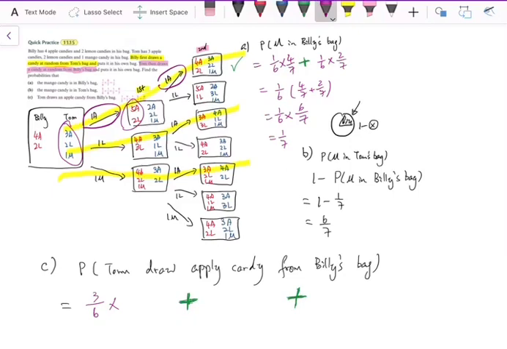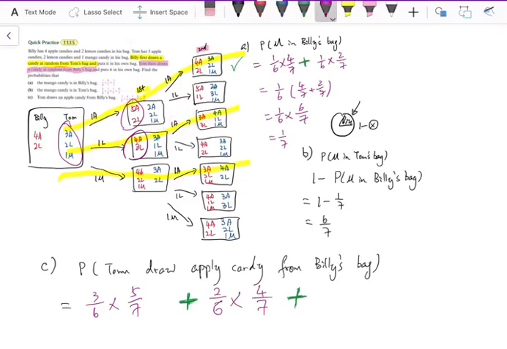Then second, Tom draws the apple flavor from Billy's bag, so it's 5 out of 7. Same procedure, we will consider pathway 2. First step, draw from Tom's bag first, lemon flavor, so 2 out of 6. Then Tom draws the apple flavor from Billy, so it will be 4 out of 7.